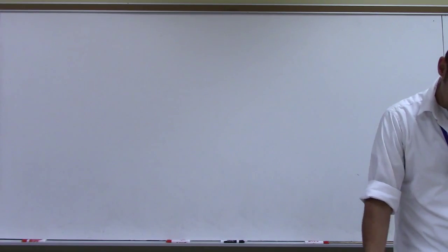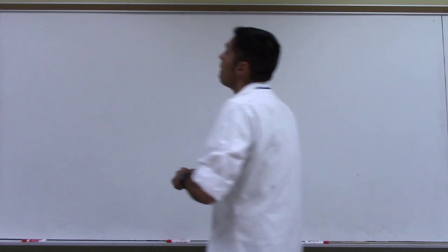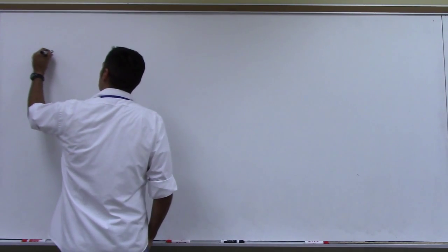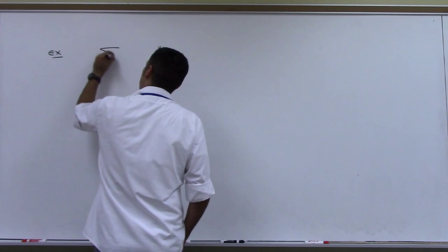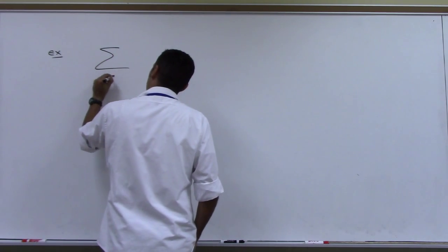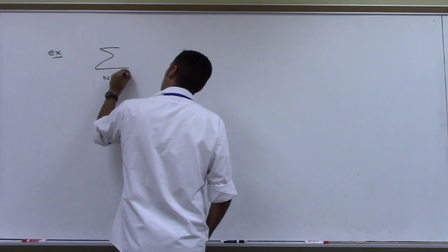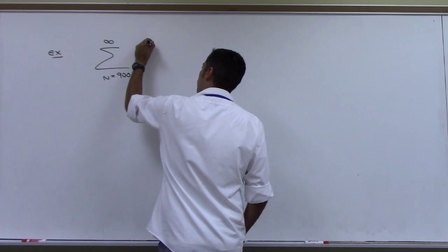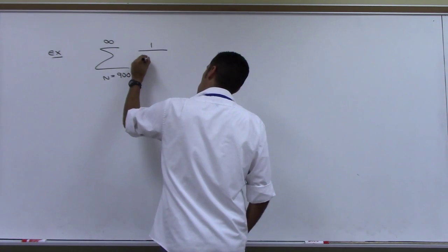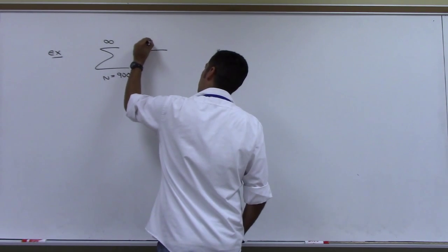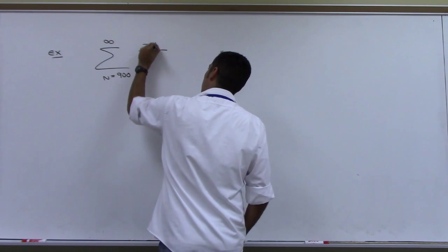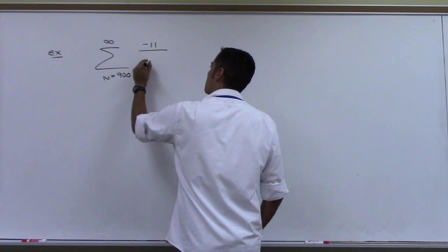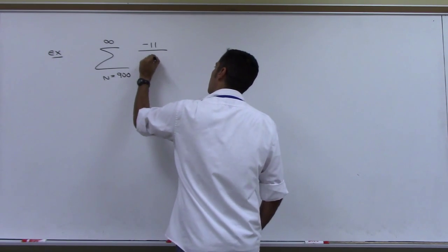Just making sure there's nothing else. Oh, how about this? I have a question for you here as another example. Sum n equals 900 to infinity of, well, let's make it negative 11 over n cubed.